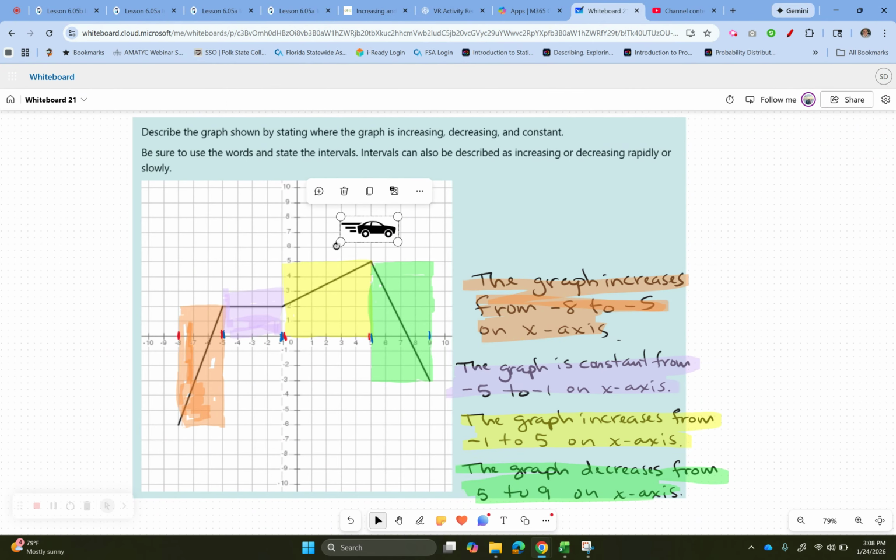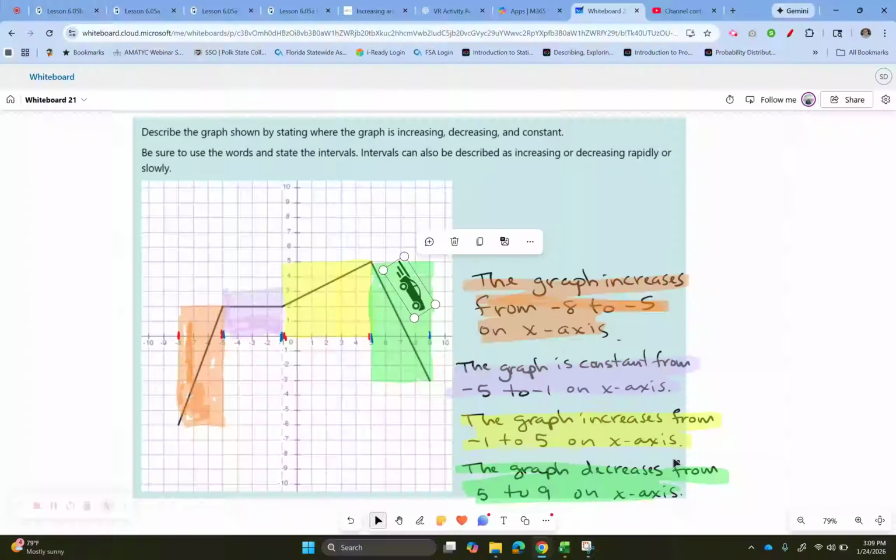Remember, the car was like this. So the car cannot keep going up. There's no line to travel along. So when the car gets to 5, it's going to have to go down. And you can see that that is the green section that started on 5 and it ended on 9. And that's what I describe here.